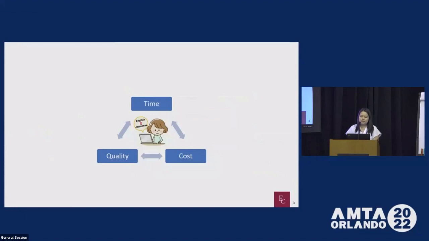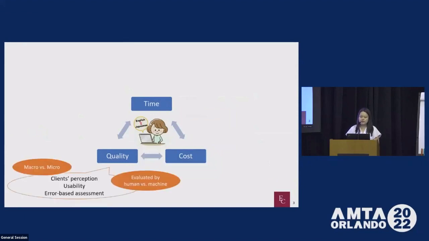Now, unlike time, quality is complex to define. Perhaps we can simply ask our clients what they think of a translation, or assess the usability of a translated text, or annotate errors with the help of bilingual checkers. We can also choose to have a machine do things like this.